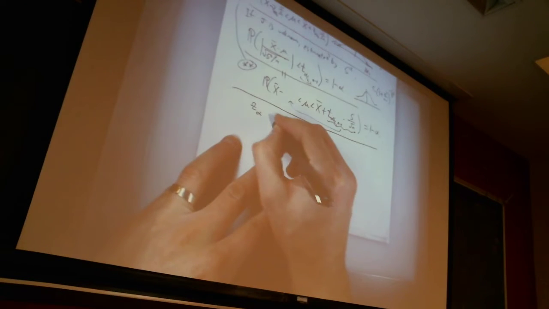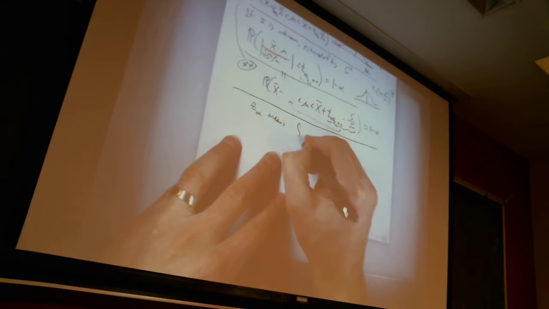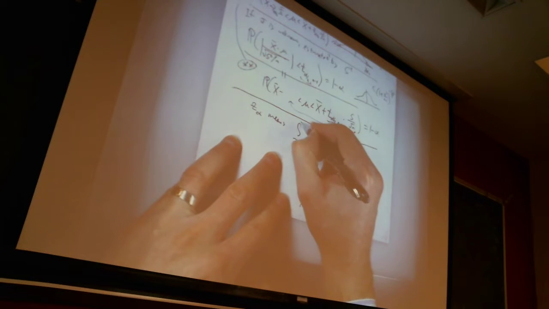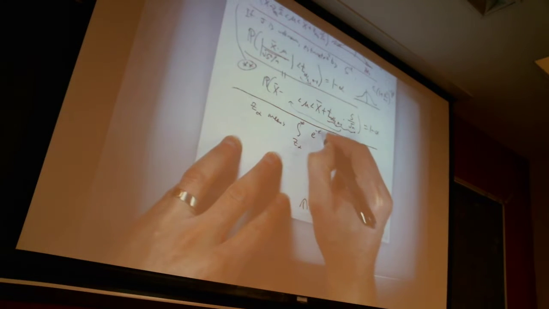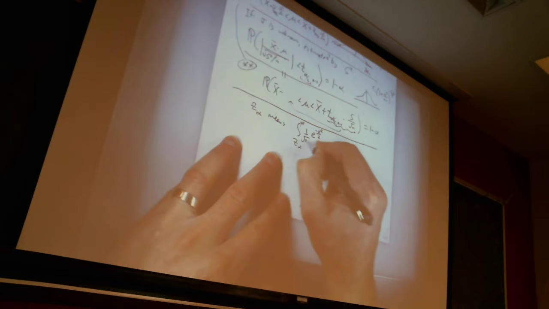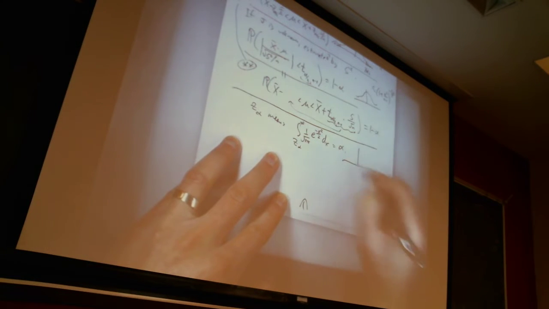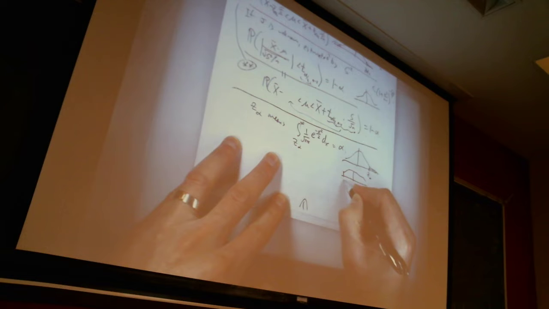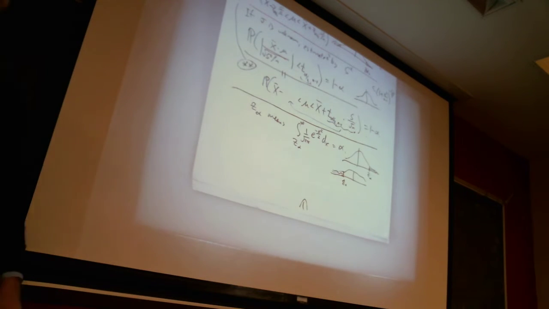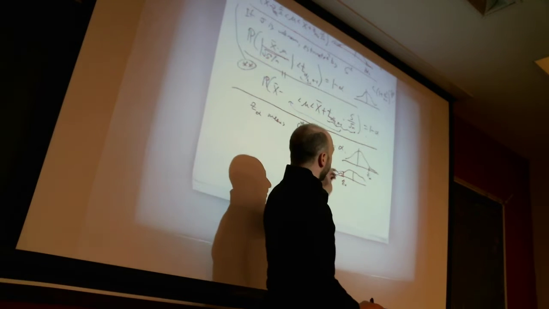There's nothing deep about this. So z alpha means the integral from z alpha to infinity of e to the minus x squared over 2, 1 over root 2 pi dx is equal to alpha. So z alpha is just this tail. You're saying why don't I call it z alpha this tail? It's the same. And same thing with the t's.